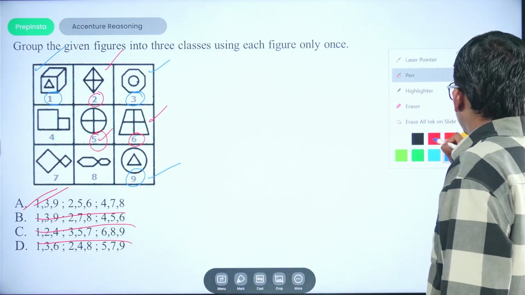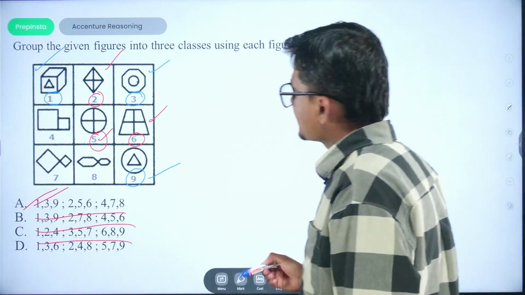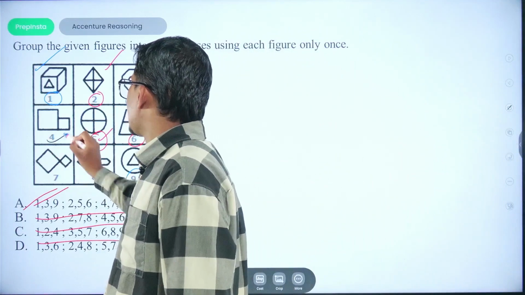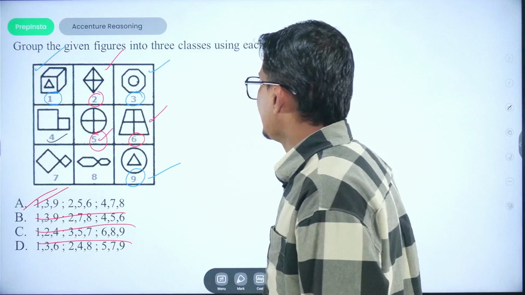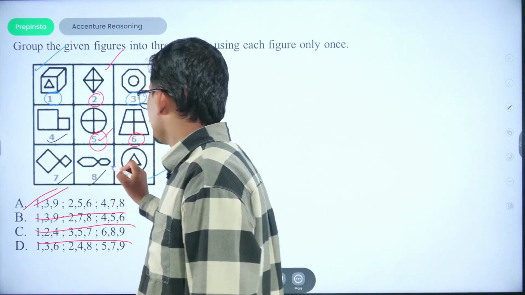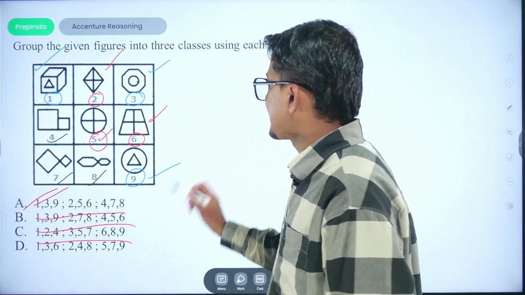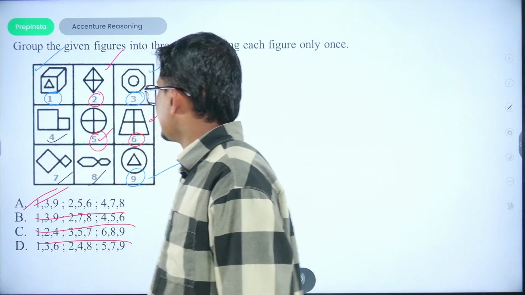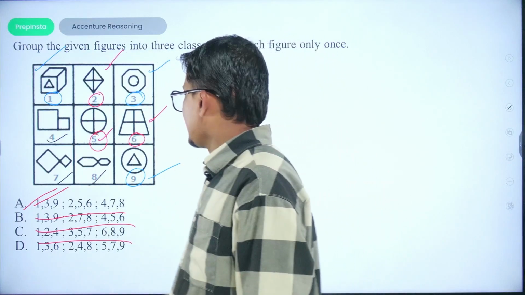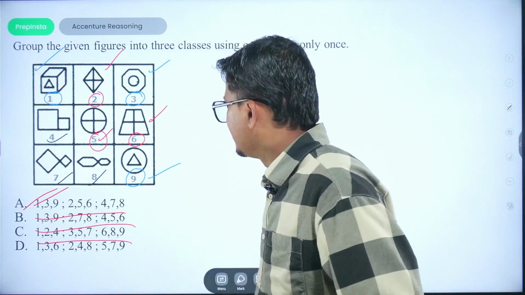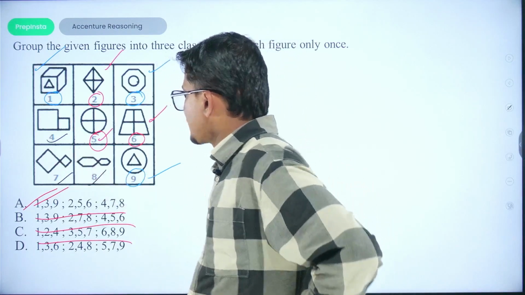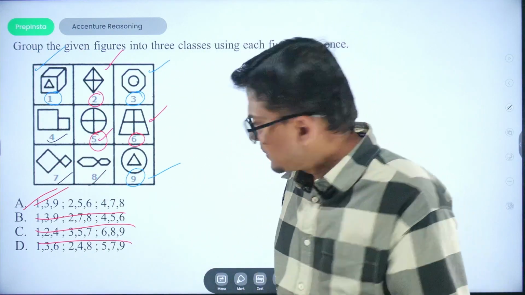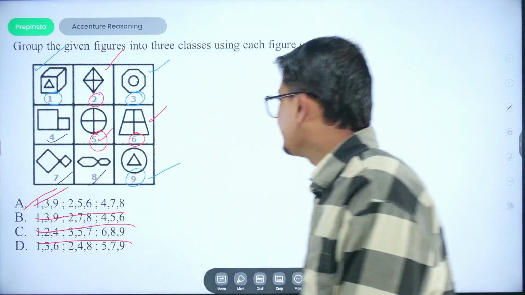And looking at the other diagrams, what we are having is two geometrical figures, right? Two geometrical figures which are attached to another geometrical figure. Here there is a square, and adjacent to it we have another square. Here we have a kite, right? And a square which is aligned, and adjacent to it there is one more square, right?